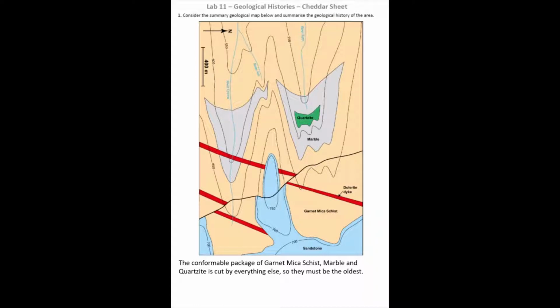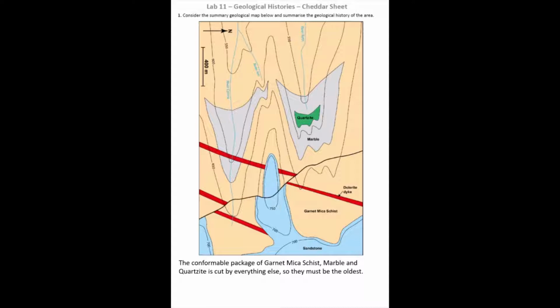Those metamorphosed rocks have been cut by the dike, they have been cut by the fault, and they have had the sandstone deposited on top of them. So these rocks must have existed before anything else, before the sandstone, before the dolerite dike, before the fault happened.